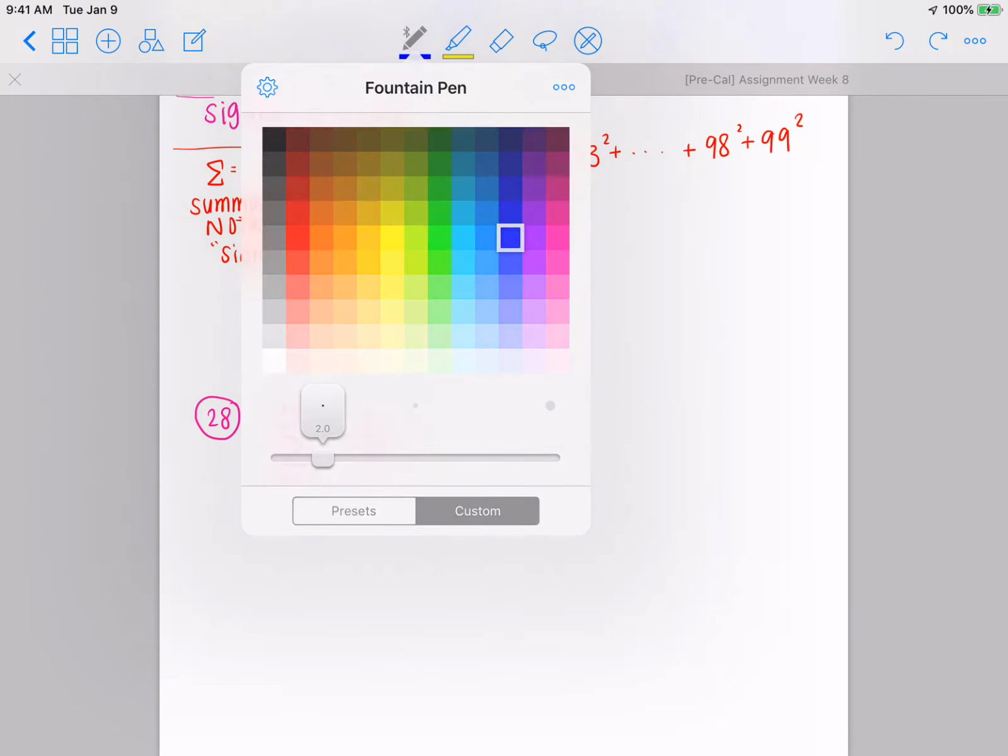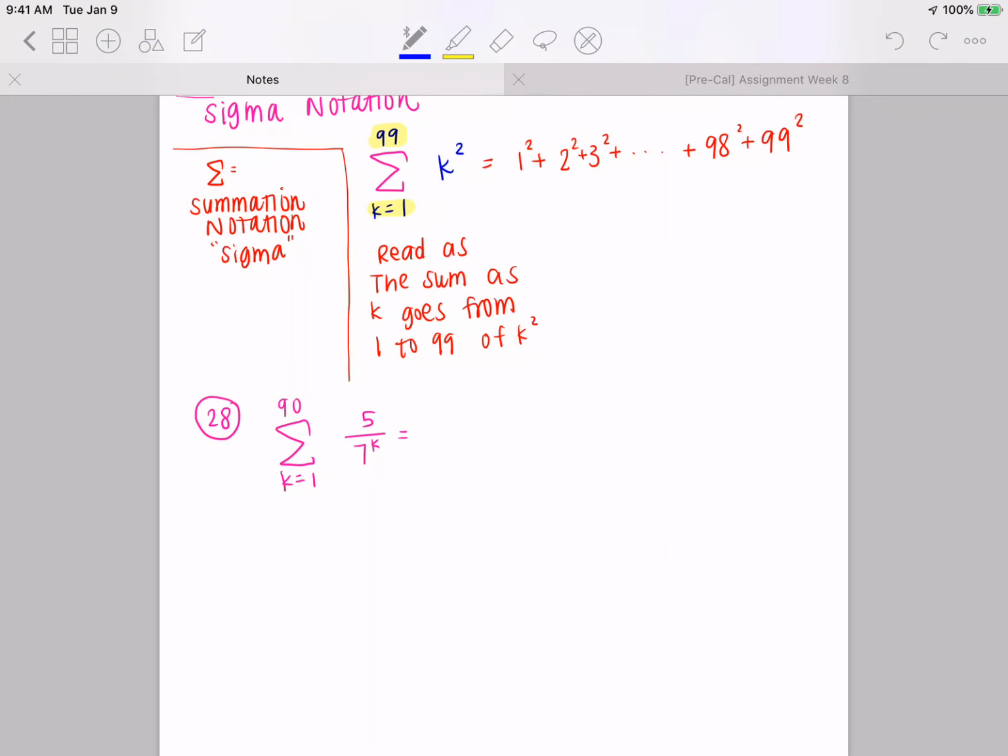Not only do we have to rewrite the whole thing, we also need to find the formula from there and actually find the series. This equals 5 over 7 to the first power plus 5 over 7 to the second power, 5 over 7 to the third power, dot dot dot, all the way to the last one, which is 5 over 7 to the 90th power.